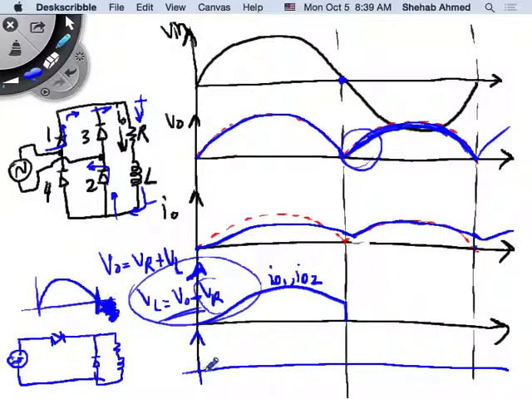ID3 and ID4 would be 0, and then it would look like this. Do you agree? This is ID3, ID4. Because initially, diodes 1 and 2 were conducting in the positive half cycle, and diodes 3 and 4 conducting in the negative half cycle. So this is diode 1 and 2 current, and this is diode 3 and 4 current.